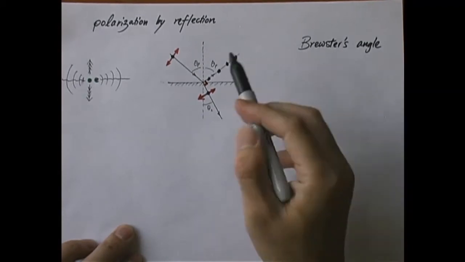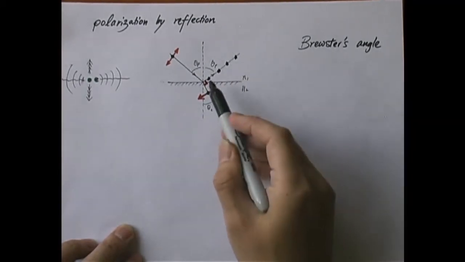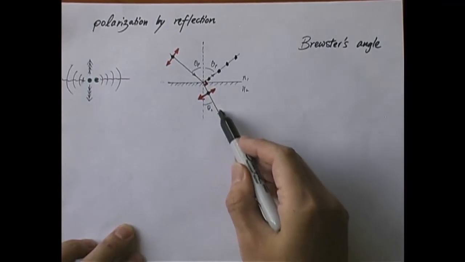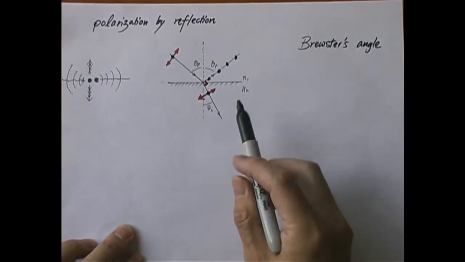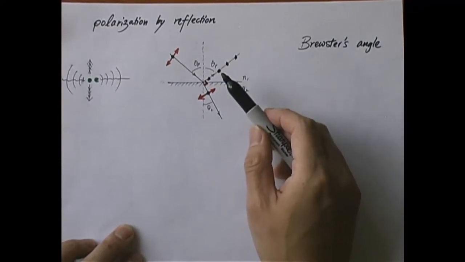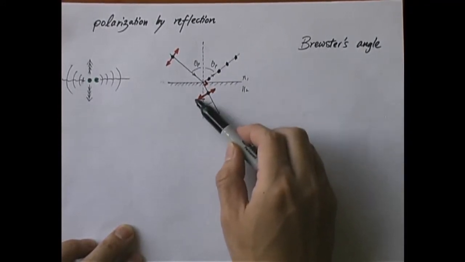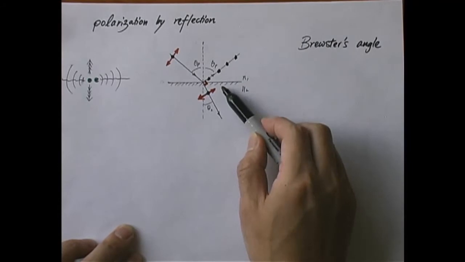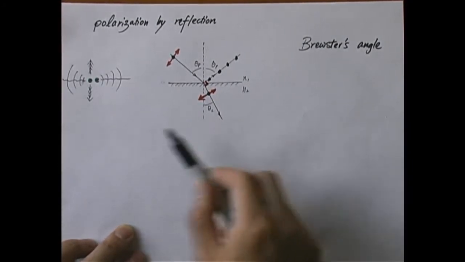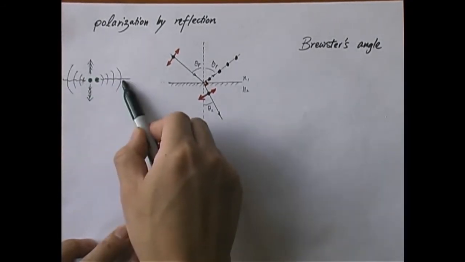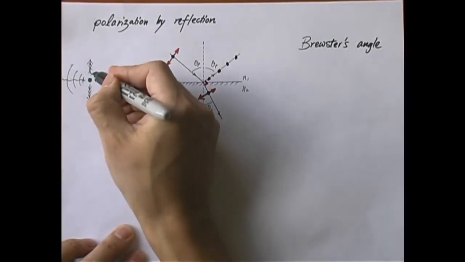The reason why the transmitted wave is like this, in that direction, is because the electrons on the surface will oscillate in such a way that is perpendicular to the propagation direction. See, electrons oscillate in this direction, give off a wave in that direction, perpendicular, like this.